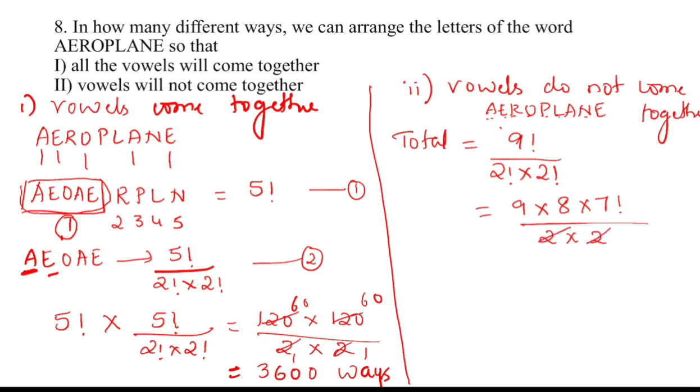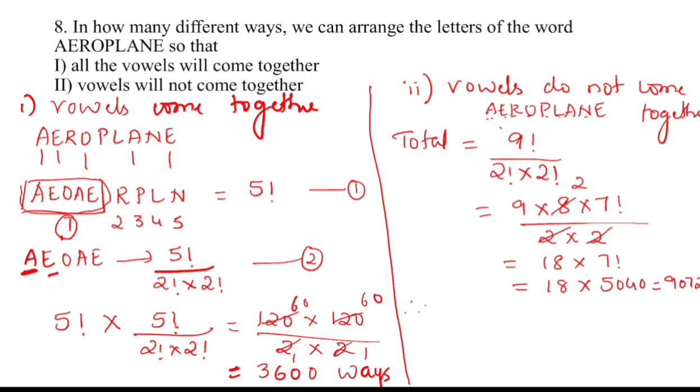So 2 into 2 is 4, and 8 divided by 4 is 2, so it is 9 into 2, which is 18 into 7 factorial. The value of 7 factorial is 5040. When you multiply, you get 90720. So this is the total.